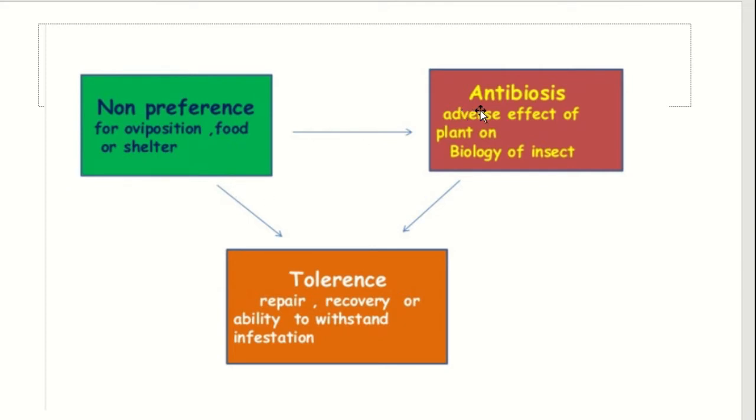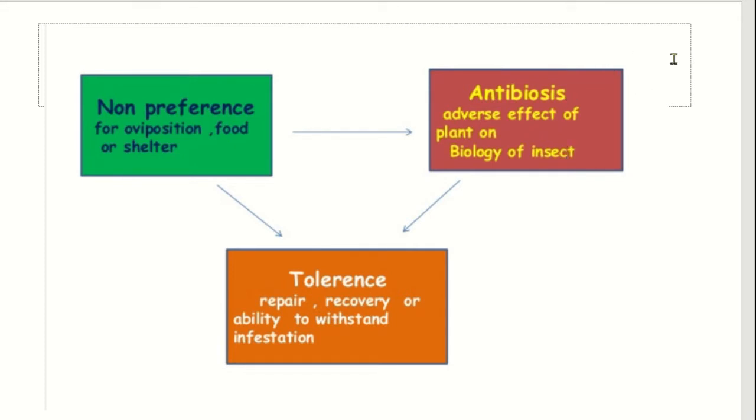Okay, and when it comes to antibiosis, when the insect feeds on the plant body, a signal is sent into the plant body through signal transduction, and there is a hypersensitive reaction, which sends phytotoxin into the leaf or feeding area and affects the insect which feeds on the plant body.